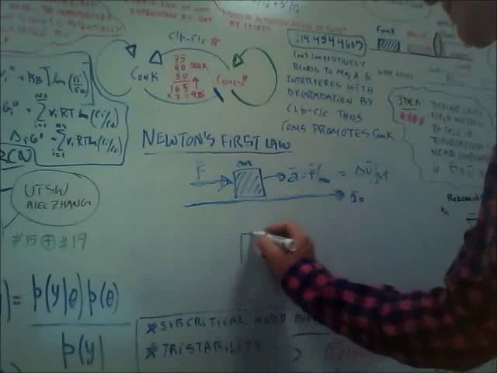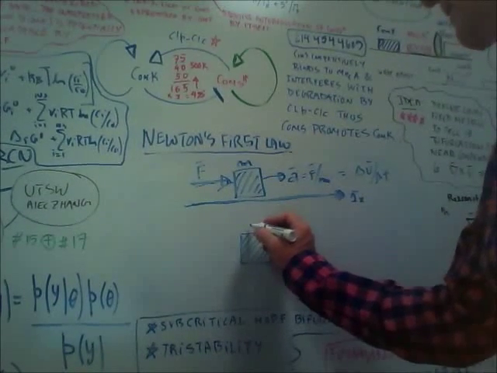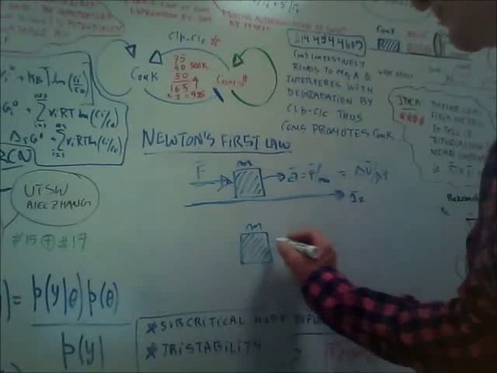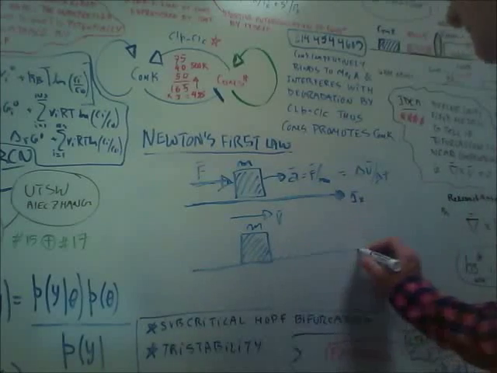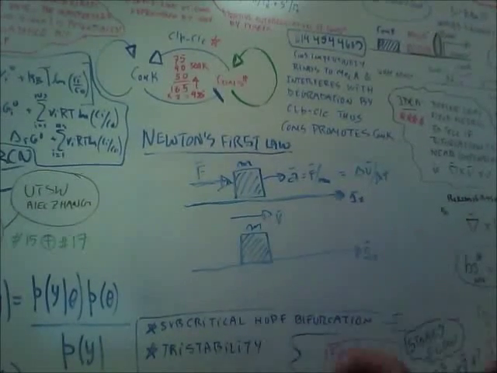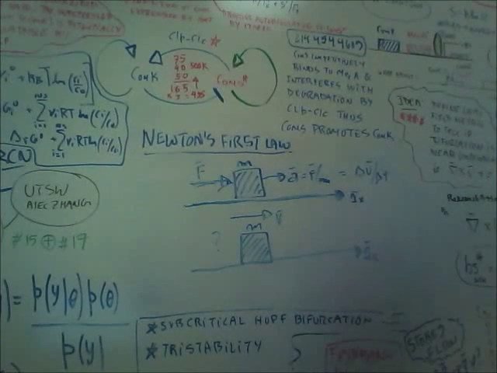Now consider the situation where the mass is moving at a constant speed, v, along 1 sub x, along the x direction, no friction. What is the conclusion that you can draw from this?